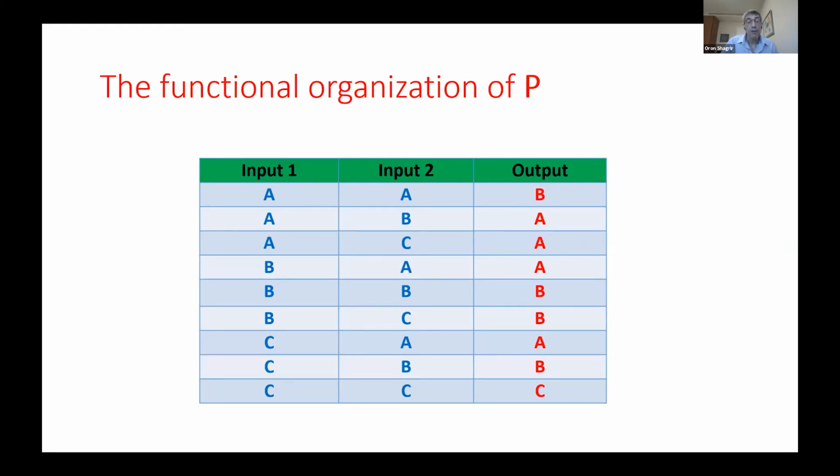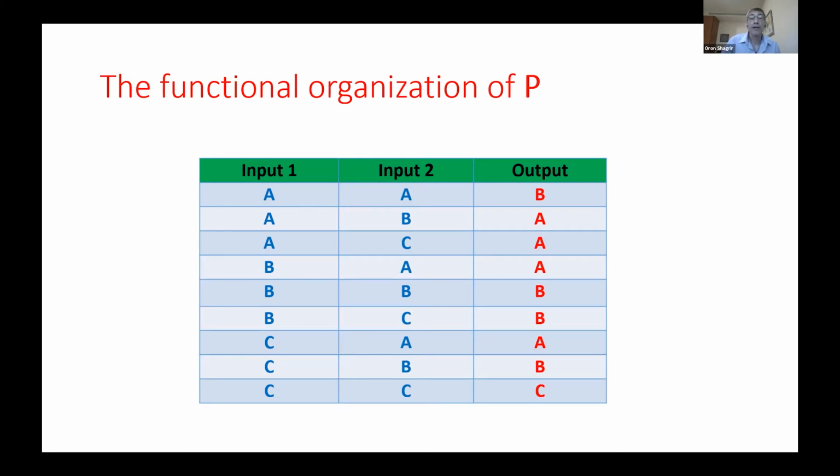Now we can look at this table and call it the functional organization, as philosophers sometimes do, of the same system P. And in terms of input-output function, that's what the system is doing. It maps functional states to functional states.